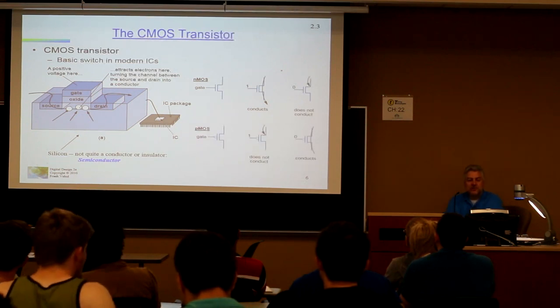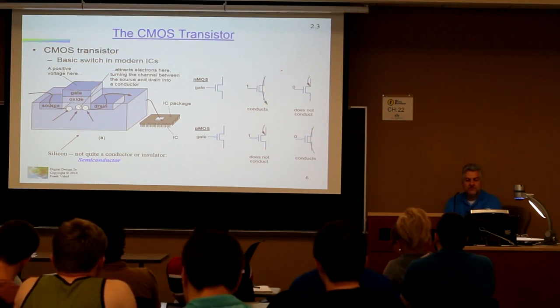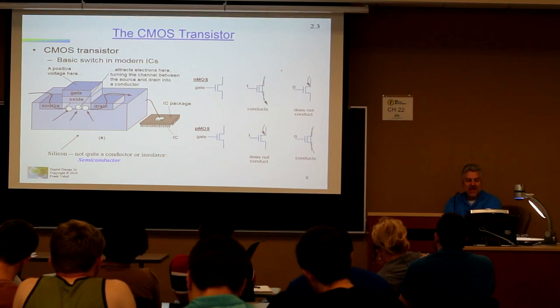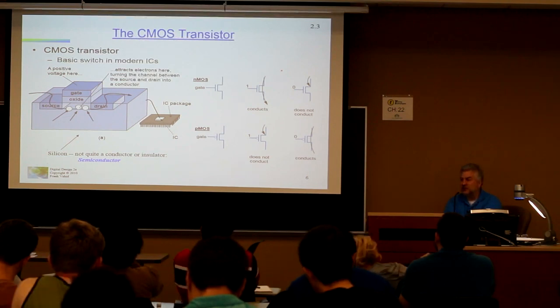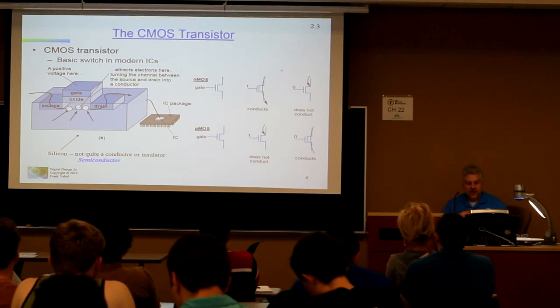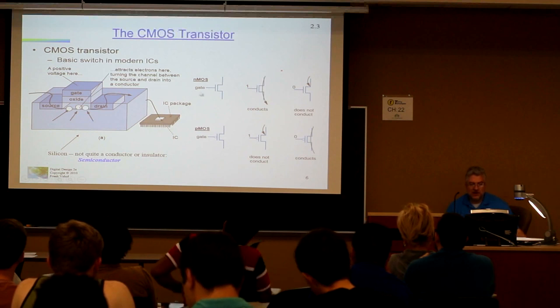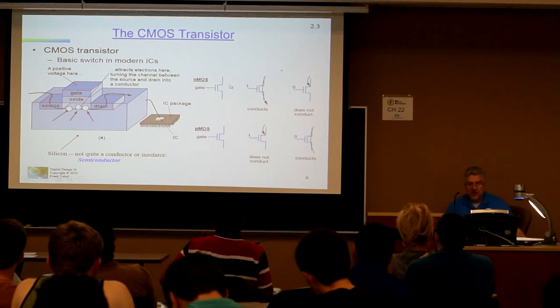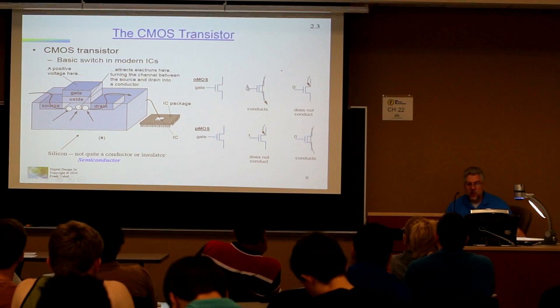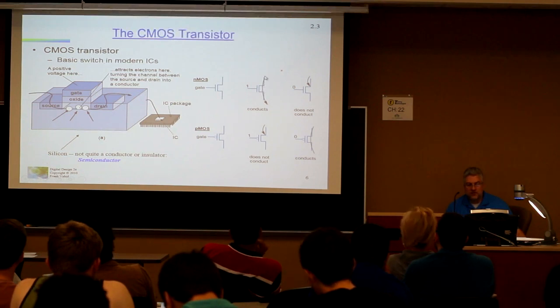So here we have different types of metal oxide semiconductor devices, and it's really just a switch. When we give an N type gate a logical 1, that means current will flow and it conducts from the source to the drain.